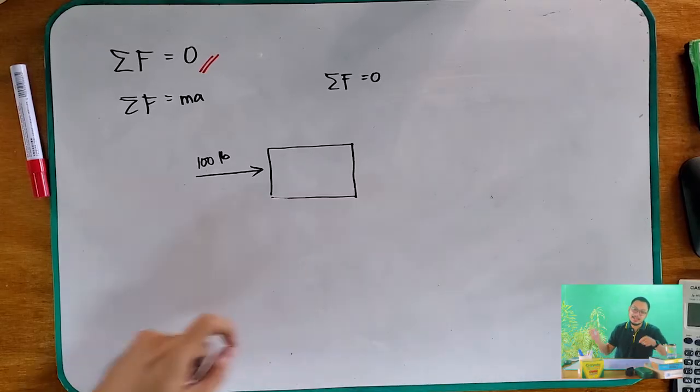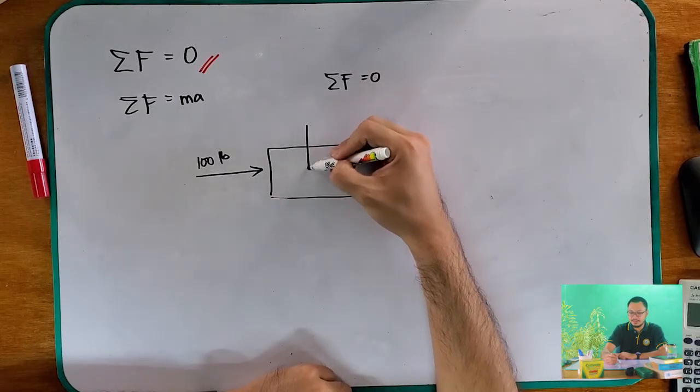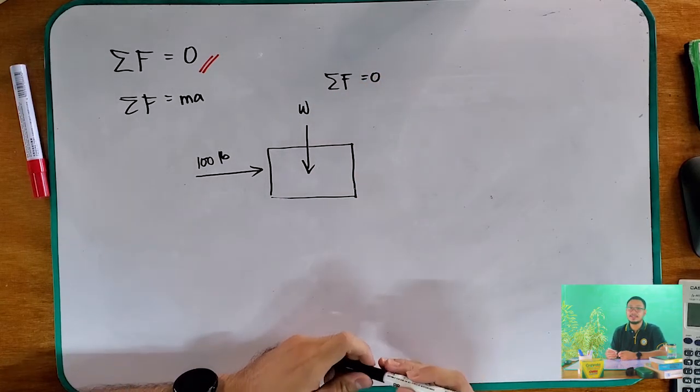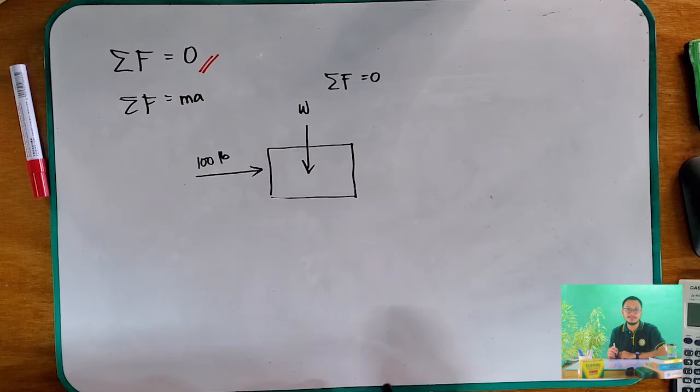So that is why making a free body diagram is very important, because you have to account for all the possible forces acting on that crate. In this case, the reason our summation is equal to 0 for this crate is that it has a weight.